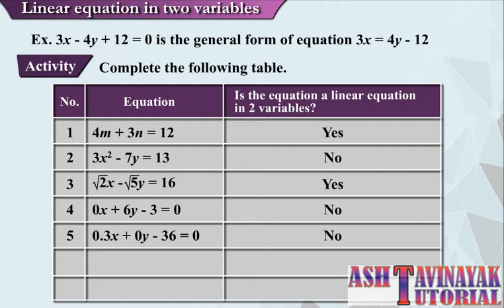No. Number 6. Equation 4/x + 5/y = 4. Is the equation a linear equation in two variables? No. Number 7. Equation 4xy - 5y - 8 = 0. Is the equation a linear equation in two variables? No.